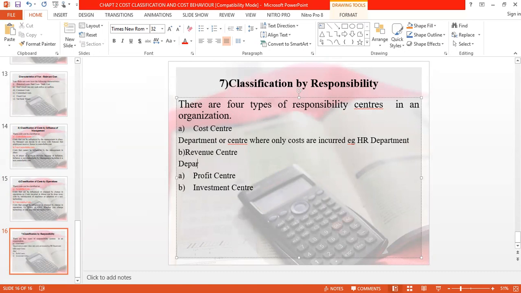Number 2, we have what is called revenue center. So a revenue center is a department or center where only revenue or income is earned.